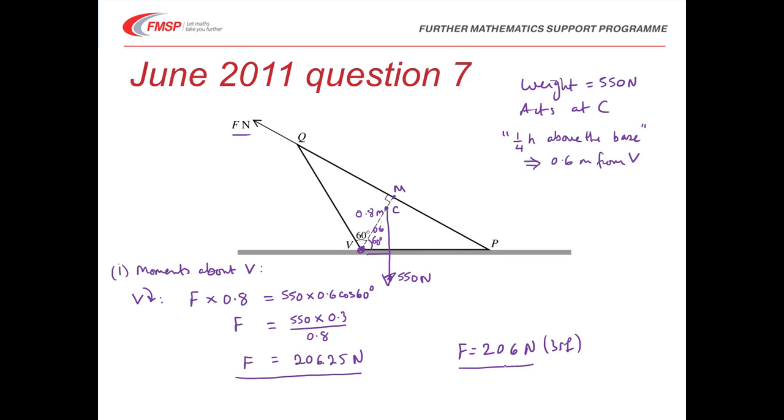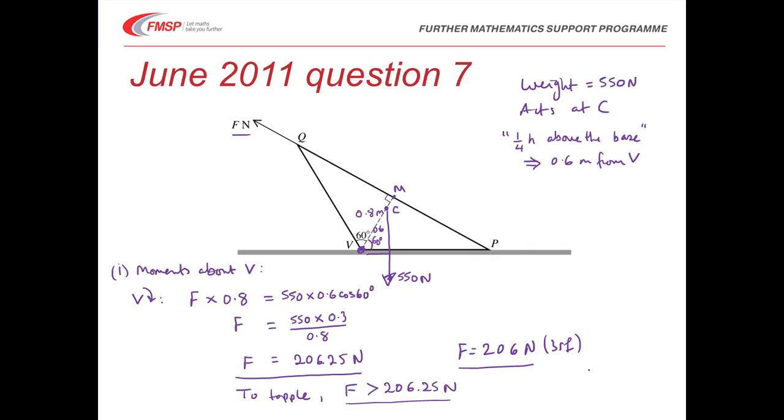Now the question says, calculate the least possible value of F. So I think that in order to topple, I would want to write that F has got to be greater than a least value of 206.25 newtons. I don't really want to write F has to be greater than 206, because that's already rounded down from the critical value.